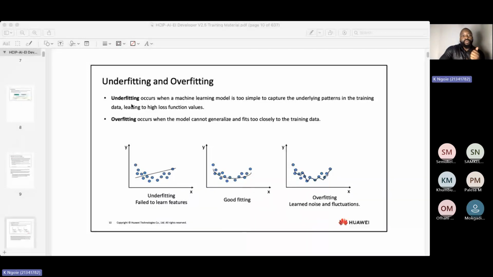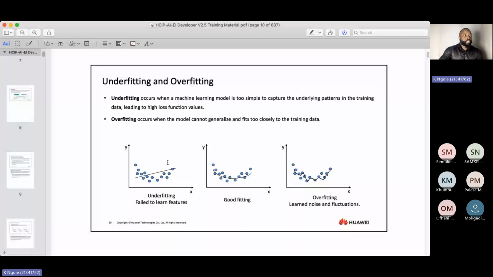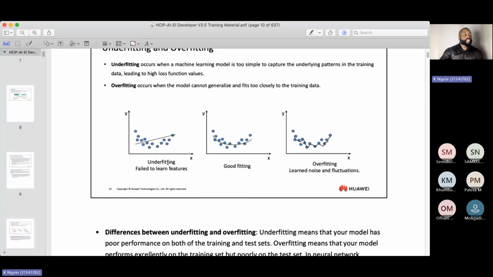So now we have the second, underfitting. Underfitting means that the model is too simple and cannot really capture all the patterns in the training data. All right, I guess that is clear.